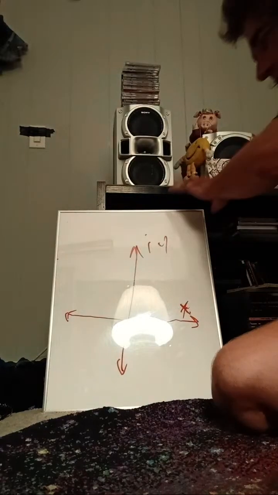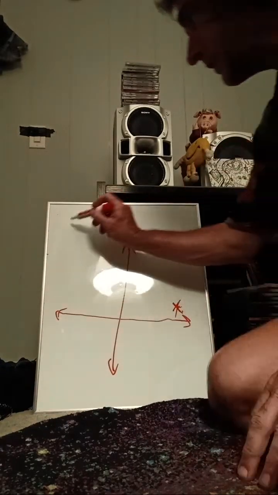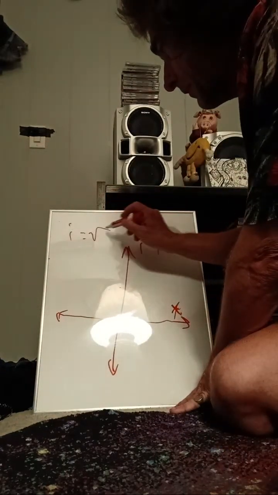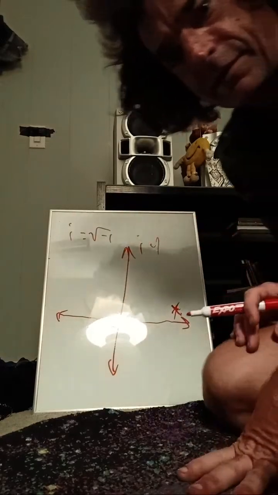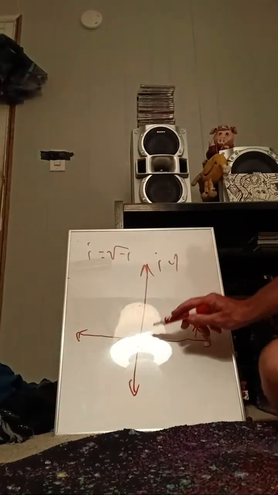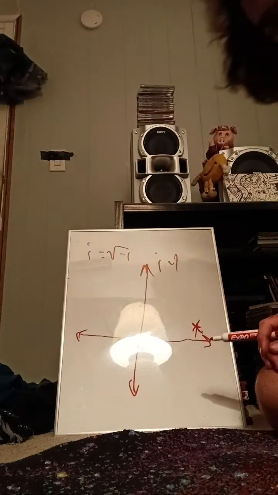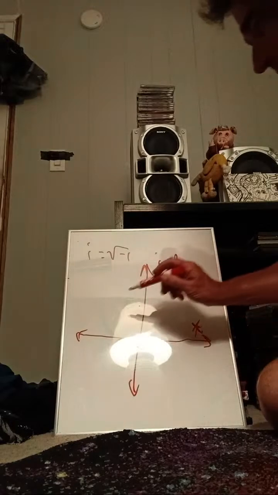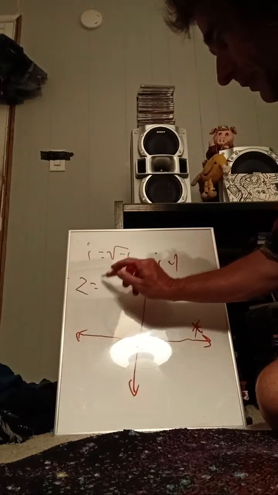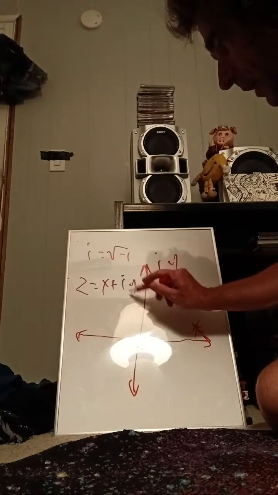And the reason that's called imaginary is that i is the square root of -1, which doesn't exist. And so a number that's complex is the sum of a real number and an imaginary number. So z, a complex number, equals x plus i y.